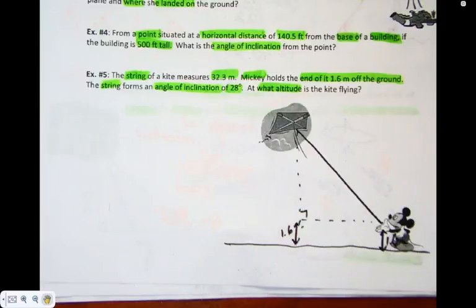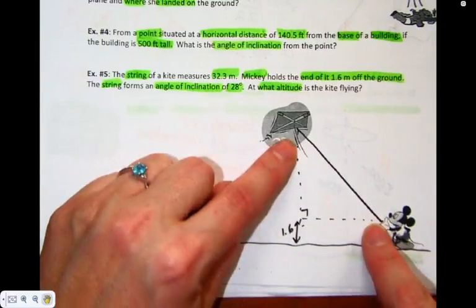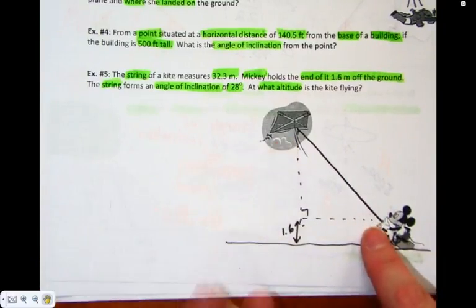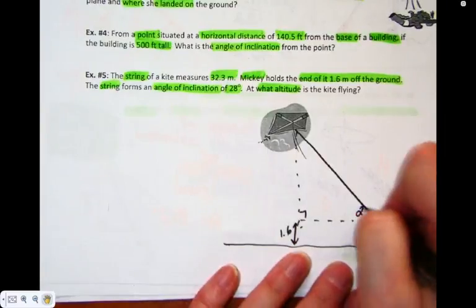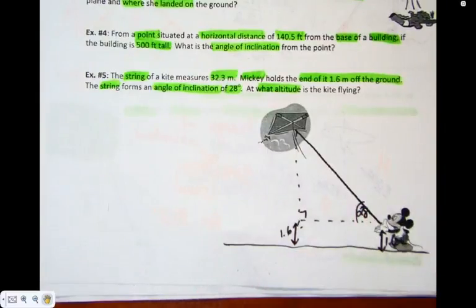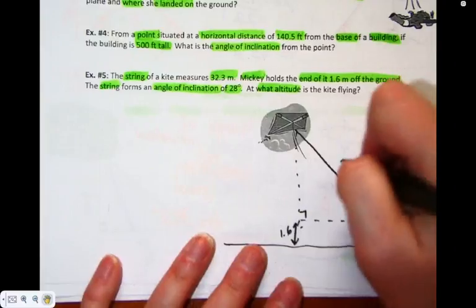What have I not added yet to the diagram? The angle of inclination. What is an angle of inclination? So is it by his hand or by the kite? Why by his hand? Because this is the horizontal line. What are we trying to find? Are we trying to find the length of the string? We're given the length of the string, which is handy.